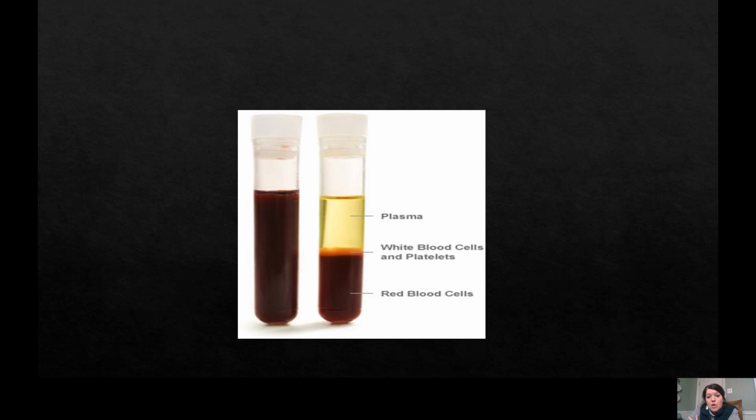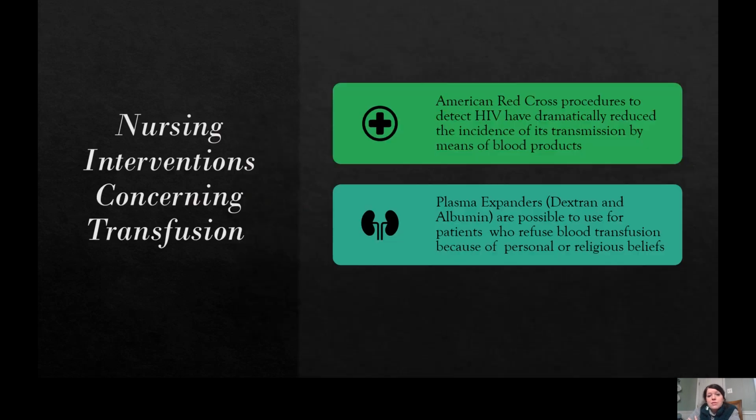So if our patient is low in platelets, they don't necessarily need all of this whole blood. They just need those platelets. And then in regards to the fresh frozen plasma, they just need what they're lacking in clotting factors.